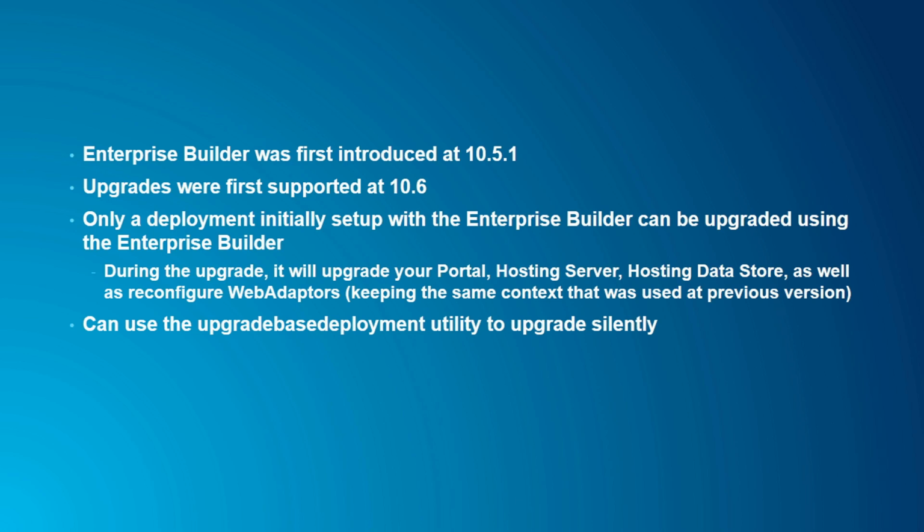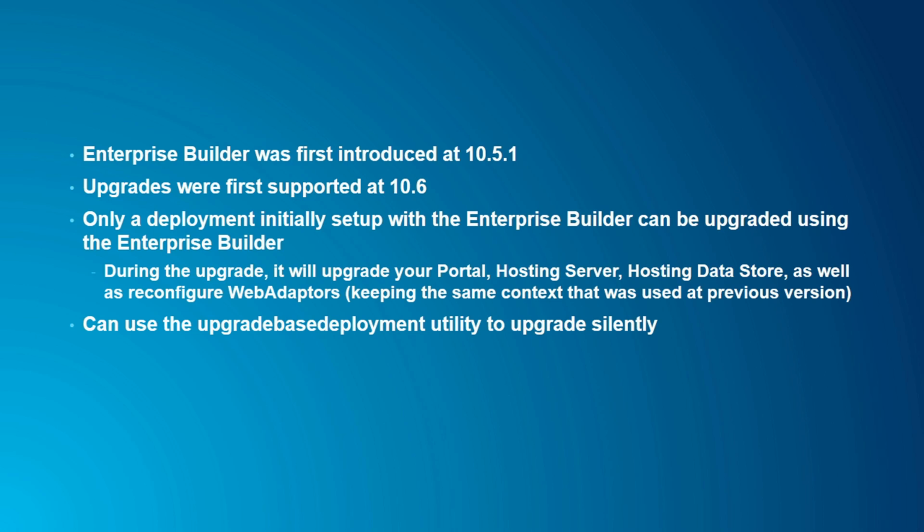Because it was introduced at 10.5.1, this means that the first upgrades for it were supported at 10.6. One of the biggest caveats to using Builder to upgrade is that your deployment had to initially be configured with Builder. So anybody that started with us prior to 10.5.1 and didn't use Builder, you cannot move to Builder.